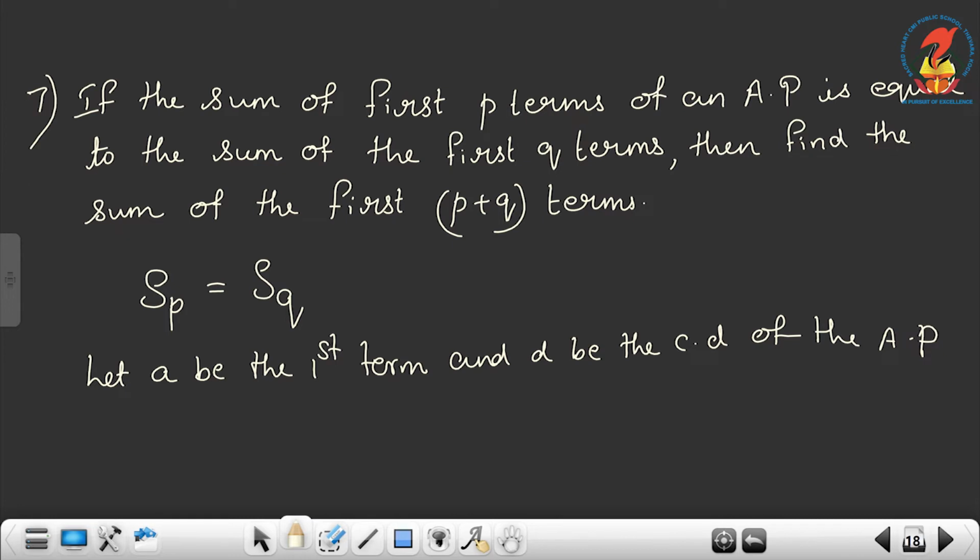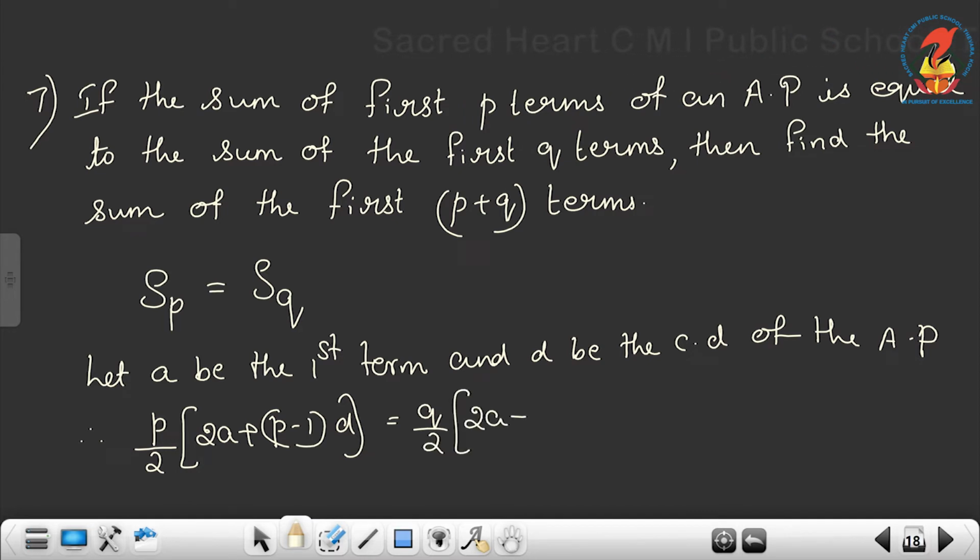Then what is S_p? S_p is p by 2 into 2a plus p minus 1 into d, which is equal to q by 2 into 2a plus q minus 1 into d. The 2 and 2 cancel.